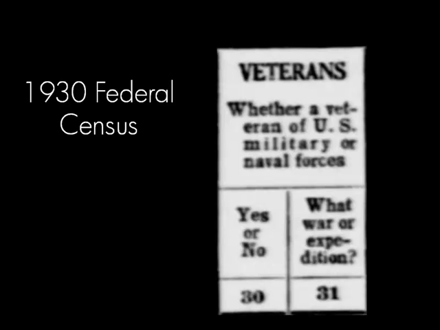So if someone was 18, then they would have been 83 years old in 1930. As you can imagine, there are not a lot of Civil War veterans still hanging around in 1930, but there were definitely a significant number who would appear in the 1930 census.